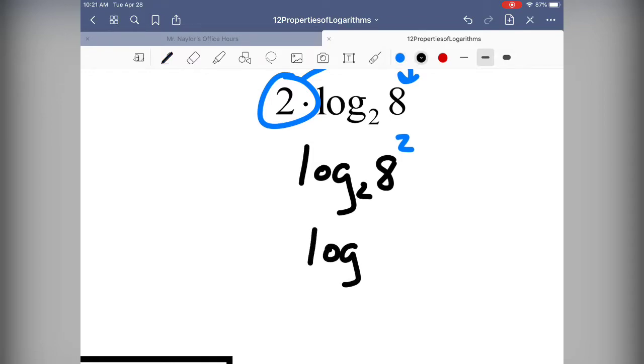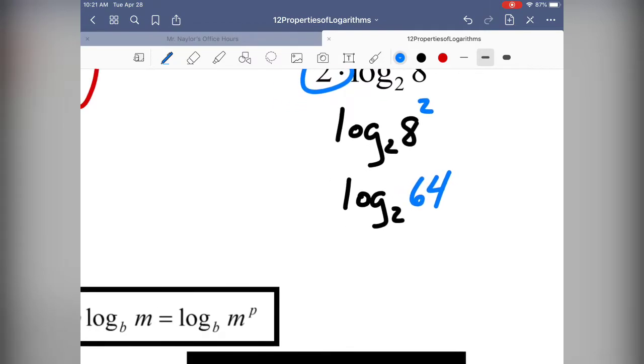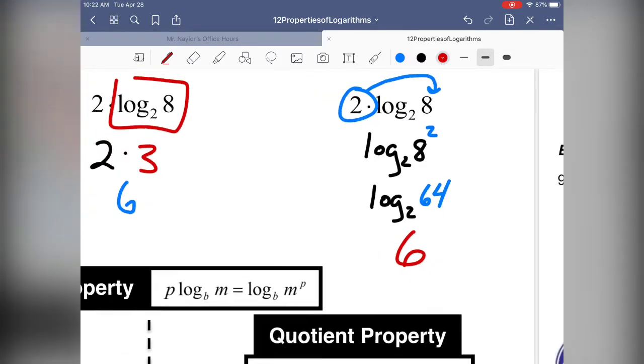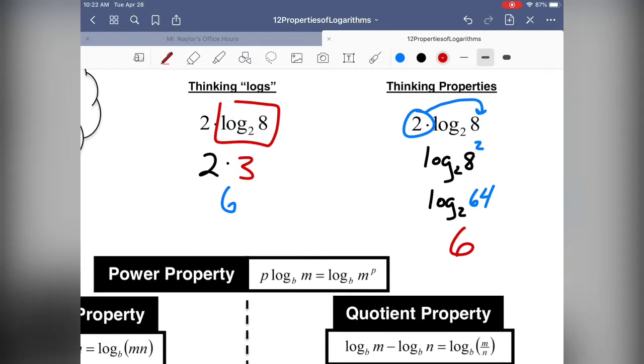Specifically, it gives me the log base 2 of 8 squared, and of course 8 squared is 64. Now, what is the log base 2 of 64? Well, that's like asking 2 to what power equals 64. 2 to the, oops, 2 to the 6th power. So, yeah, it comes out to be the same answer.